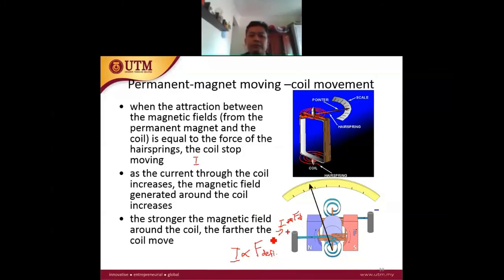And then it will be equivalent to the angle of deflection.